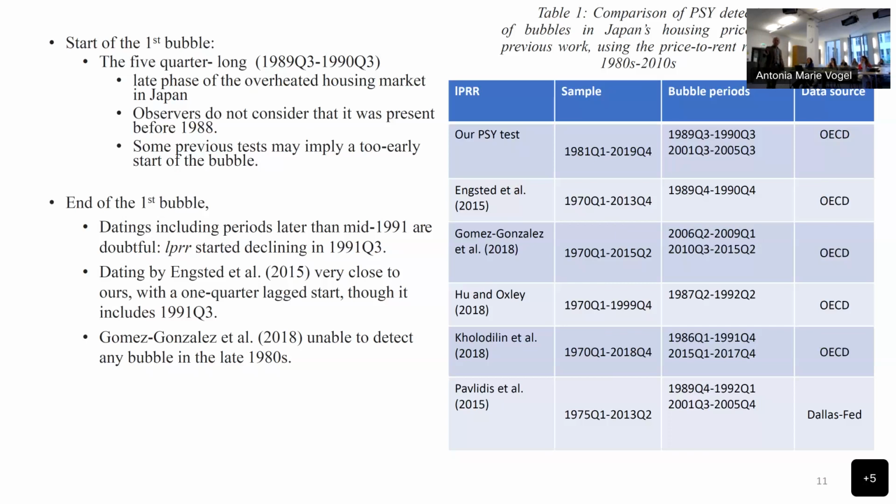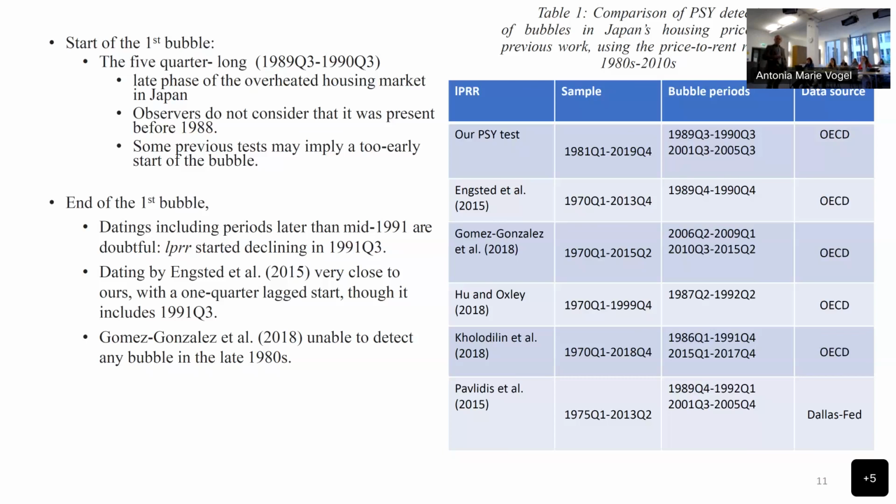Well, here you have a list of, well, Constantine is one of the contributors here. And you see that the starting dates vary quite a lot for this first bubble. And the same for the end of the bubble. It seems that it should not be considered to have lasted up to 1991.